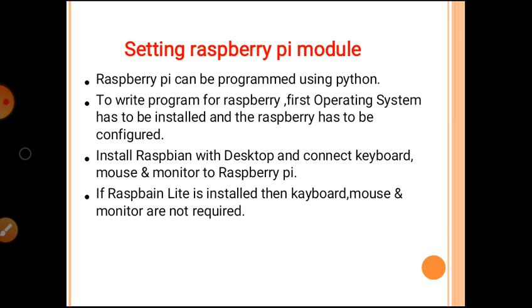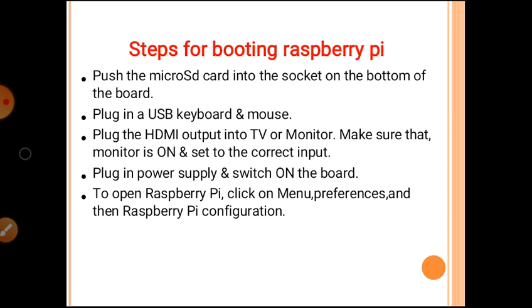If Raspbian Lite is installed, then keyboard, mouse and monitor are not required. That means if we install the operating system Raspbian Lite, then keyboard, mouse and monitor are not required there. This is about setting up the Raspberry Pi module.